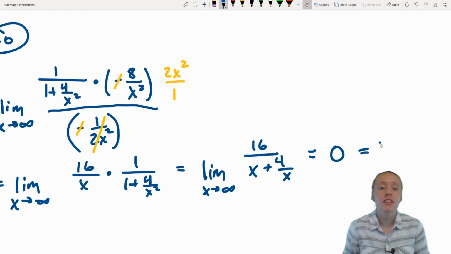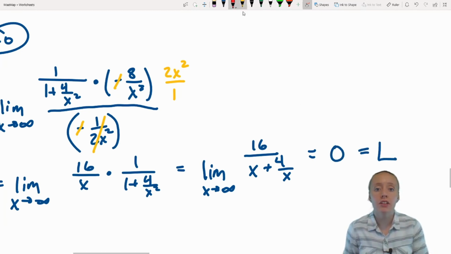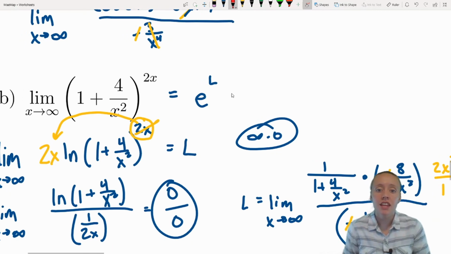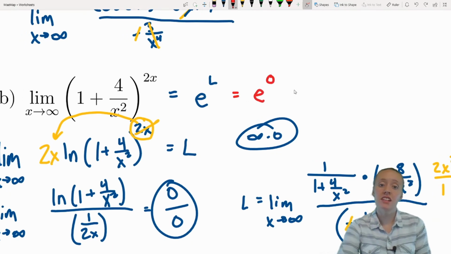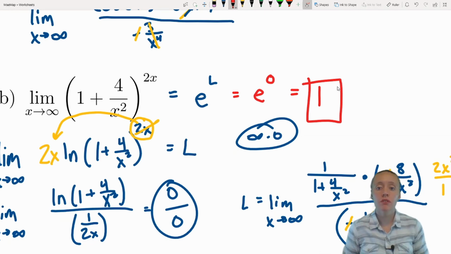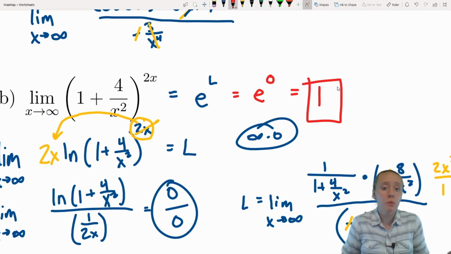And remember, that was equal to L. So if 0 is equal to L, then my original limit is equivalent to e to the L, which is e to the 0, and that's equal to 1. So my limit of 1 plus 4 over x squared, all raised to the power of 2x, is equal to 1.